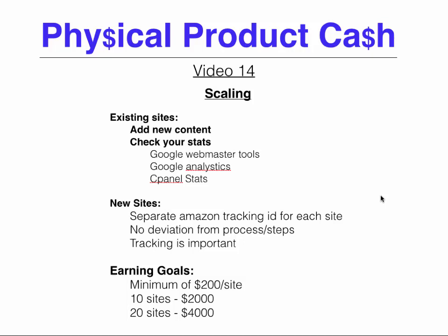So I want you to set your earning goals. A minimum of $200 per site is easily possible. If you are doing it right, it's easily possible. If that is not happening, that means you have done something wrong somewhere. You can analyze and go back and see what has gone wrong. So treat one website as a goal of $200. When you create 10 sites over a period of time, what happens? Your goal will be around $2,000.